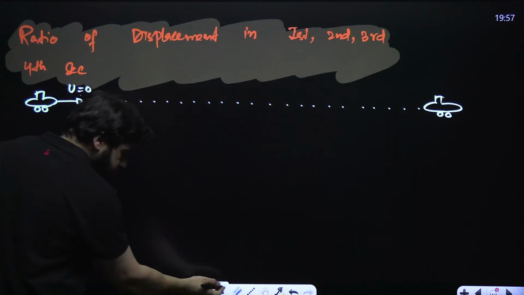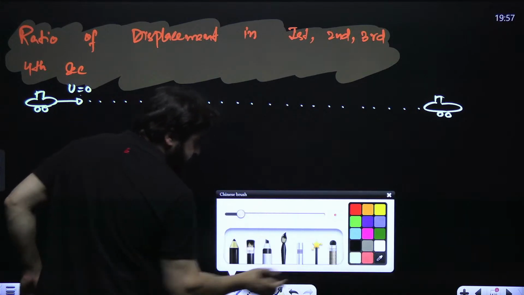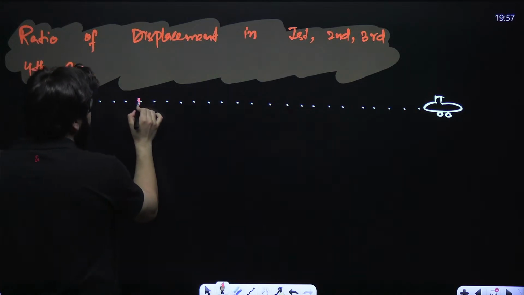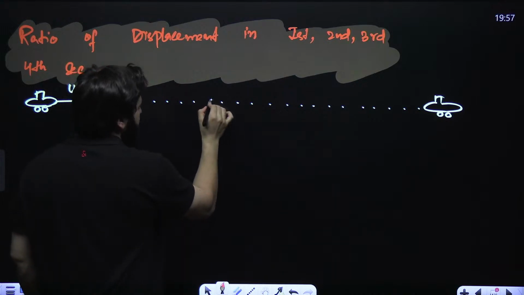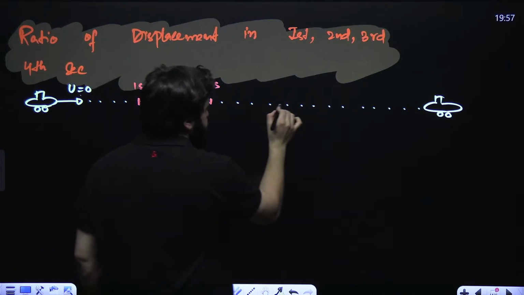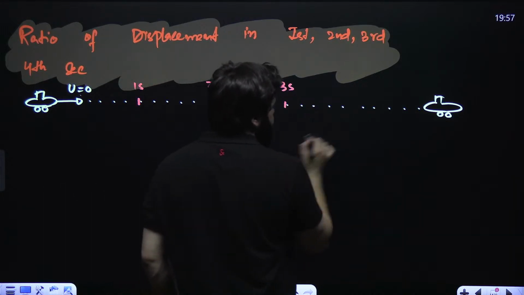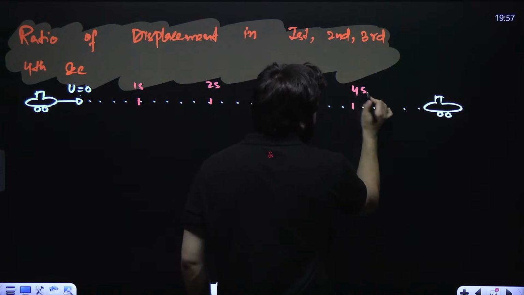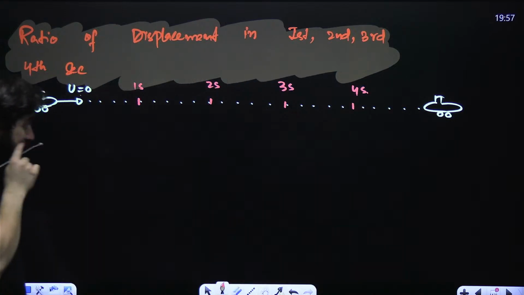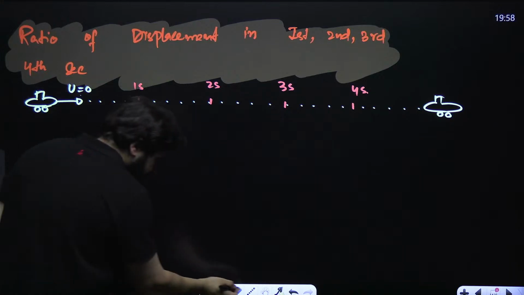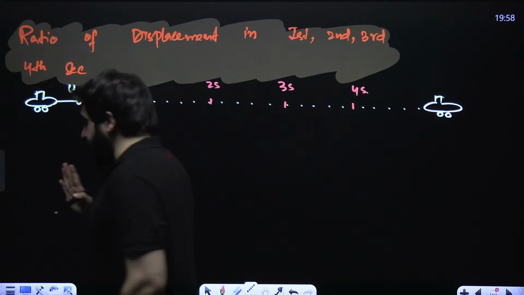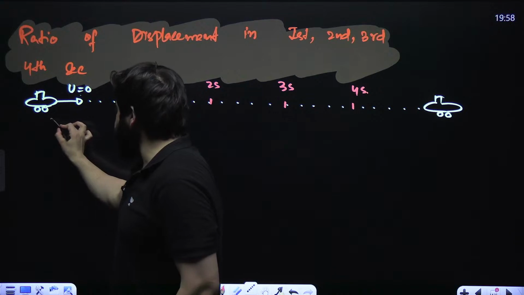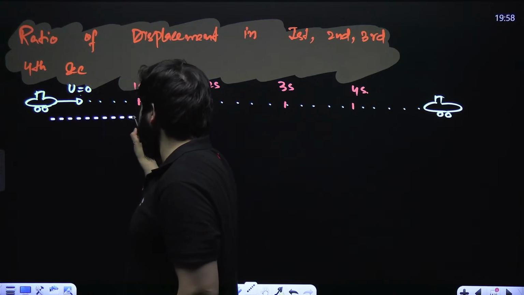Guys, let's suppose in this particular case, after 1 second, the car is over here. After 2 seconds, the car is here. After 3 seconds, the car is here. After 4 seconds, the car is here. And 5 seconds, the car is here. Tell me one thing. Guys, can I say, sir, this is the displacement of the car in first second.